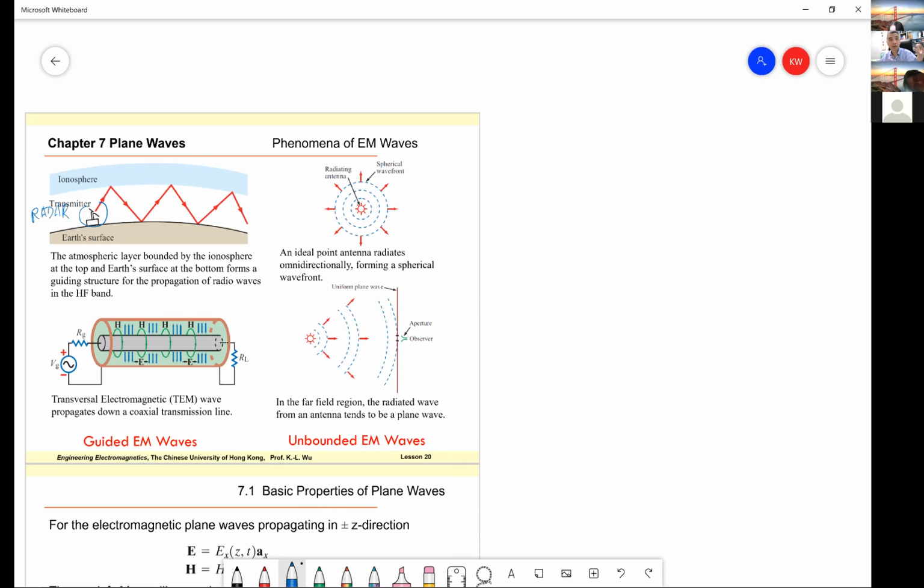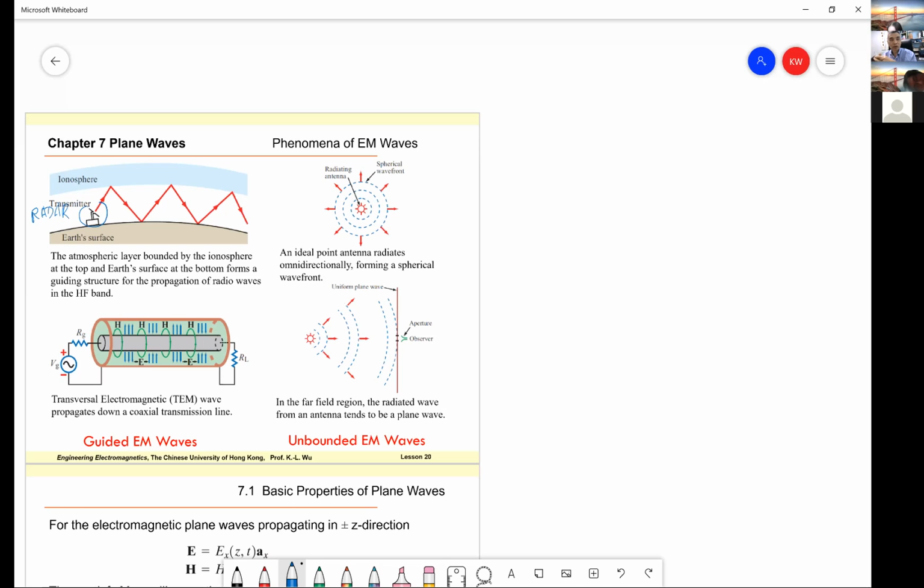In every airport, you can see a very sophisticated radar system because they need to check how many airplanes in the sky are going to be landed, right? From different directions, what the distance is, right?